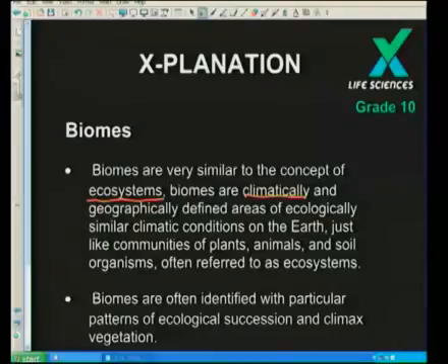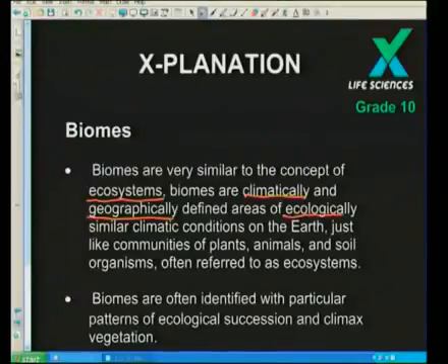Geographically defined area means that it has to do with where the biome is located on Earth. Remember, geography has to do with Earth, with ground. So where is the biome located? And ecologically similar means that there are similar climatic conditions on the Earth.